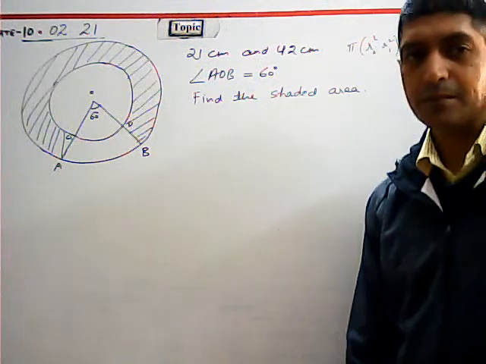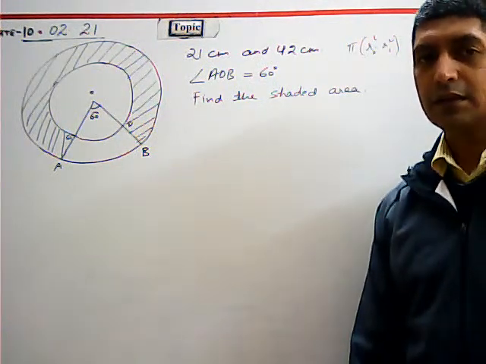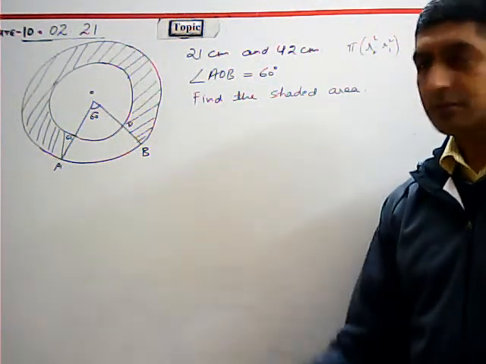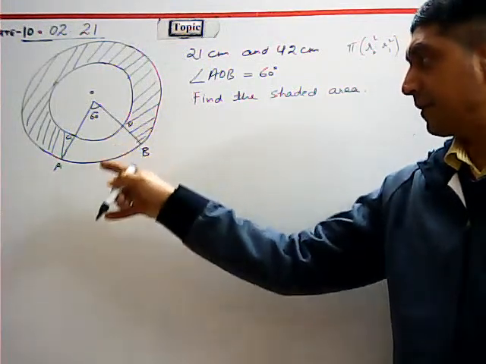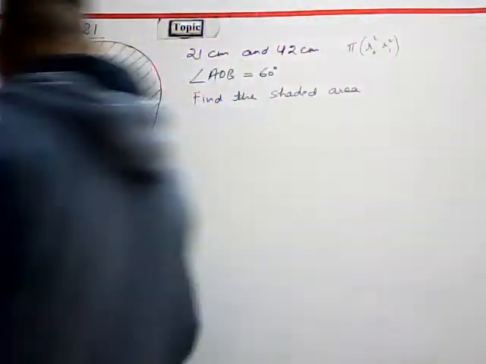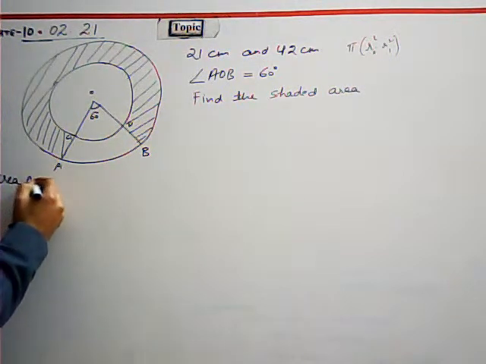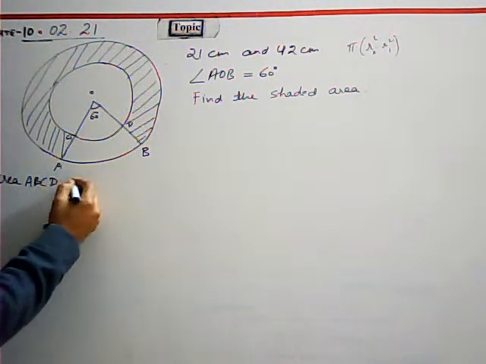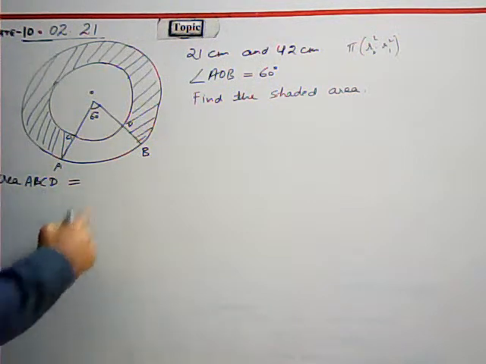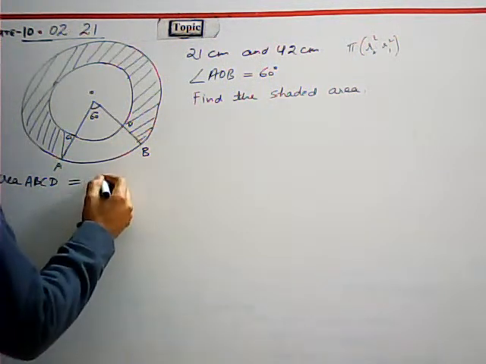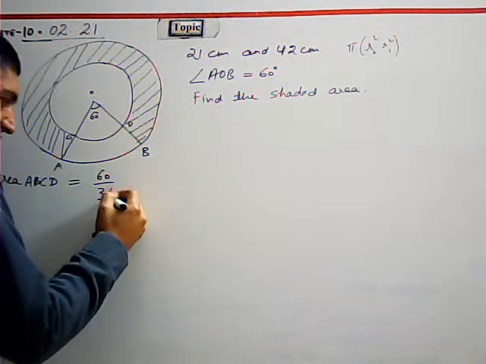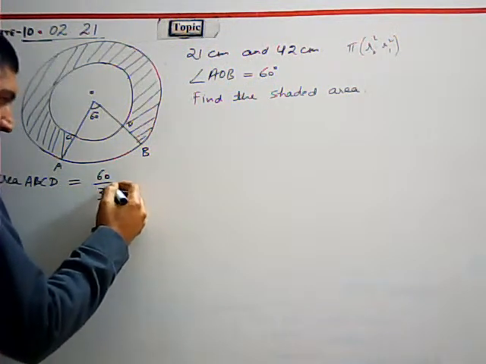So first we will find the area ABCD. Okay, so area ABCD is equal to theta upon 360, 60 upon 360, is common, right?